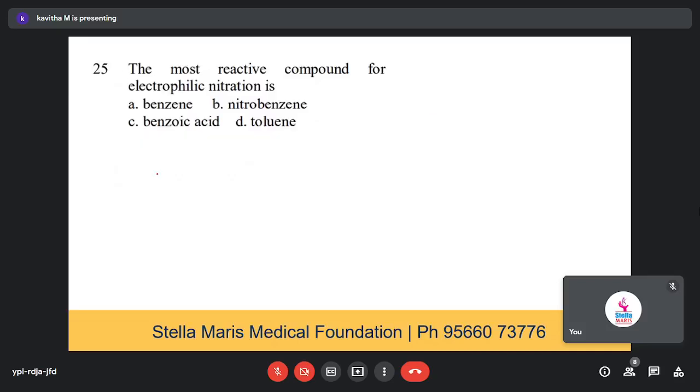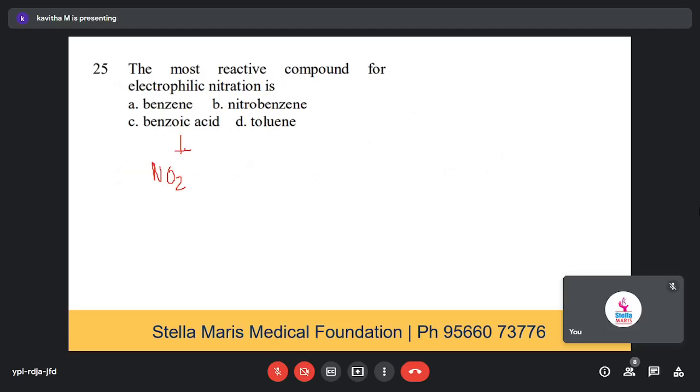The next question: the most reactive compound for electrophilic nitration is. Electrophilic nitration means the attacking group is NO2 plus. So NO2 plus is the attacking reagent.